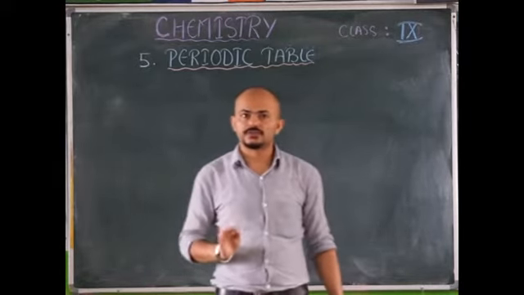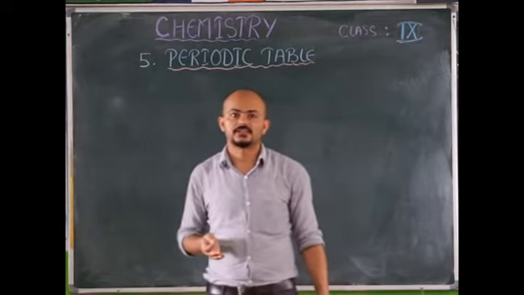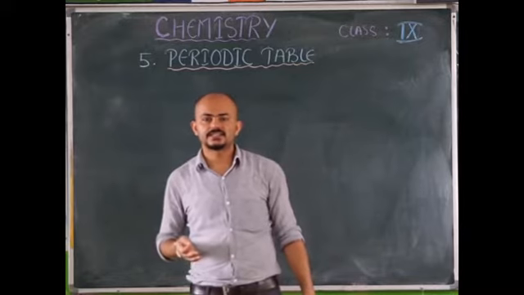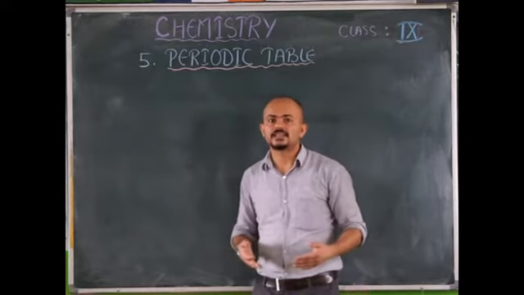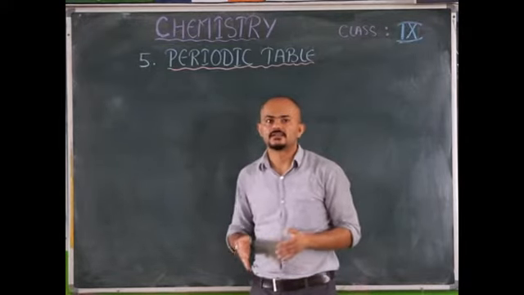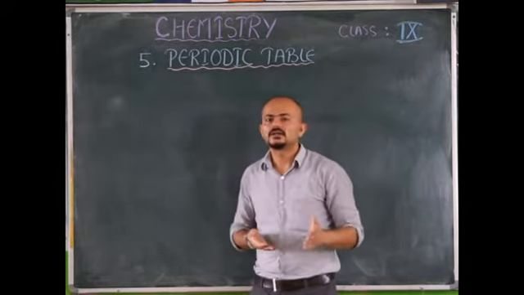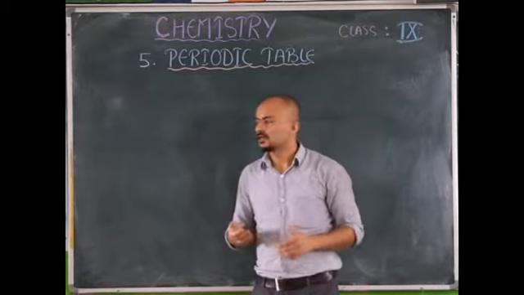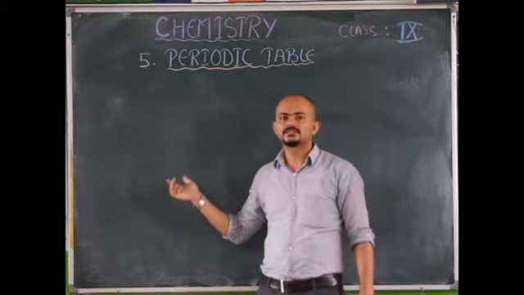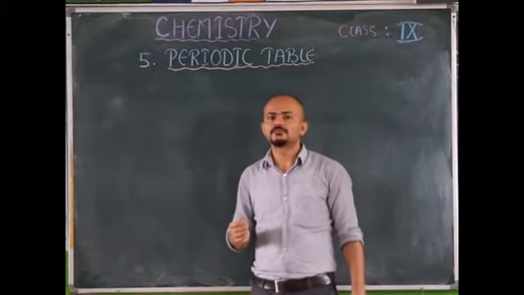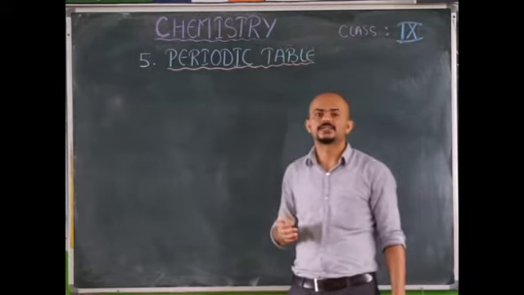Now the first question comes here: why is this classification of elements necessary? The classification of elements is necessary because it helps in the study of different elements in an organized manner. It becomes systematic if they are arranged in particular groups or columns. When they are arranged in certain forms, the study of the relationship of elements with each other also becomes very easy.